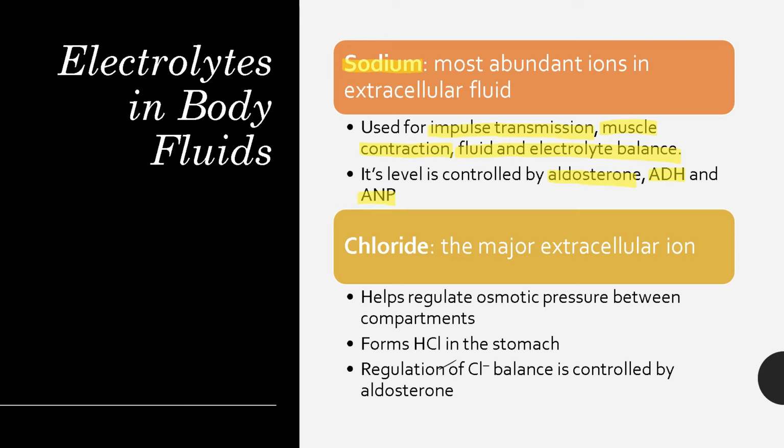Next we have chloride. This is the major extracellular anion, and it really helps to regulate osmotic pressure between compartments. It does form hydrochloric acid in the stomach, and it's mainly controlled by aldosterone.